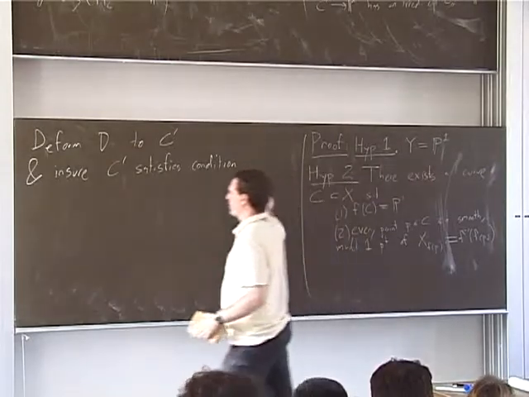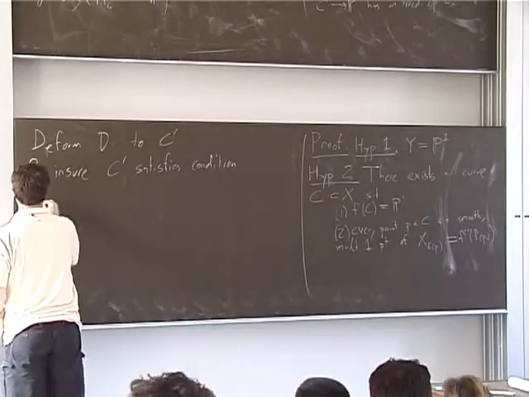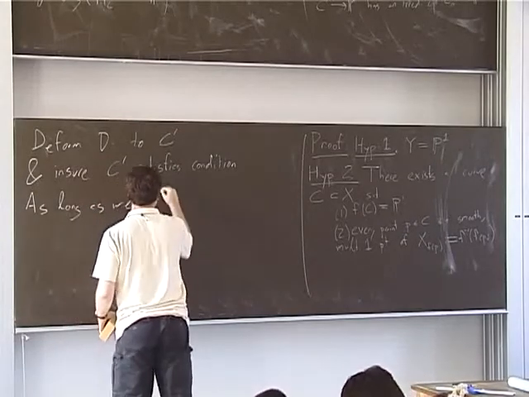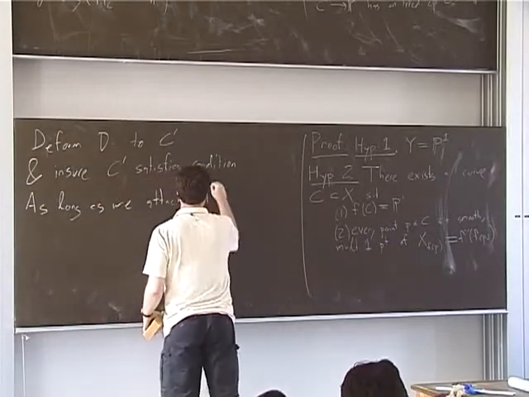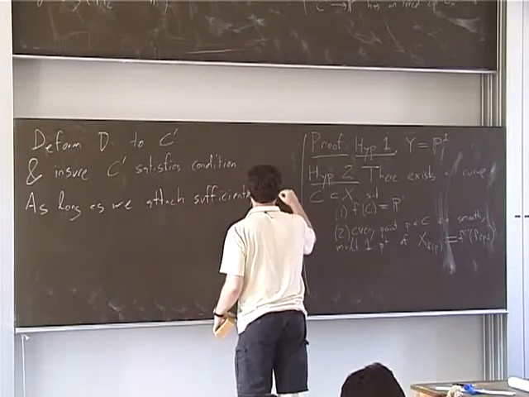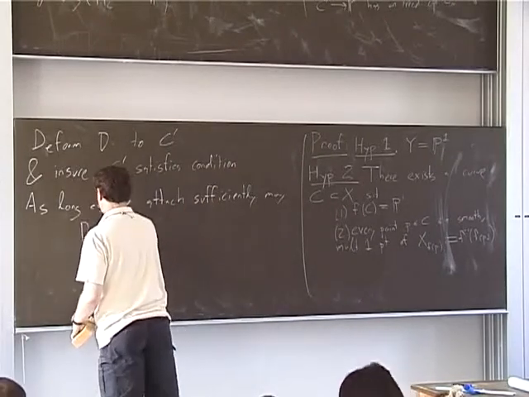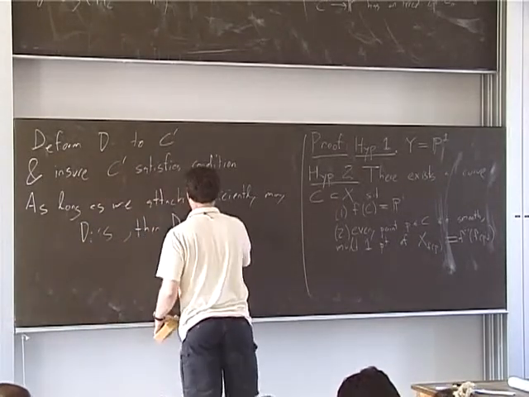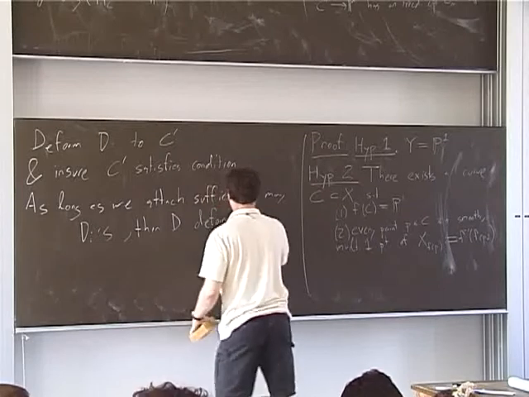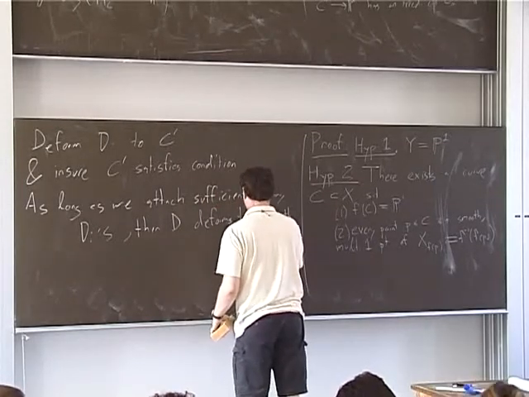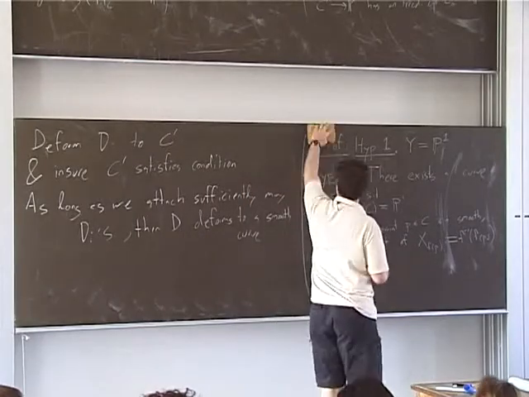So one of the basics of this is that as long as we attach sufficiently many Di's, then D deforms to a smooth curve. Or let me say more precisely, it deforms to a family of smooth curves.